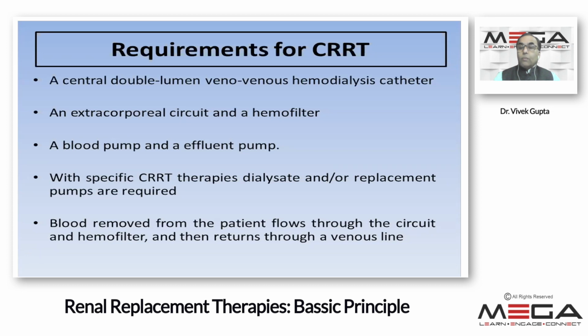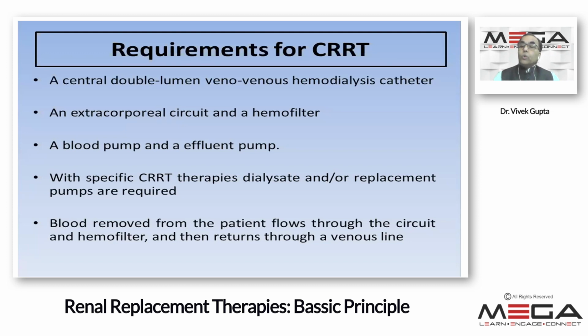So what do we need when we want to support our patient, the renal support? We need an access because we have to take out the blood, and after filtration we have to return it back. So we need access with a double lumen catheter, a hemodialysis catheter. Then we need a circuit because blood has to pass through it, and there should be an artificial kidney or hemofilter. Then there should be certain pumps: at least one pump for blood and one pump for controlling the effluent.